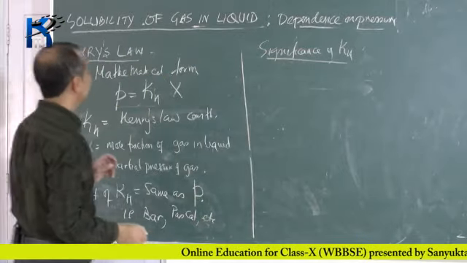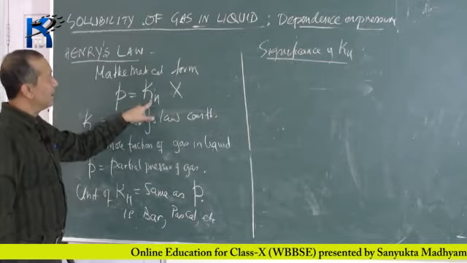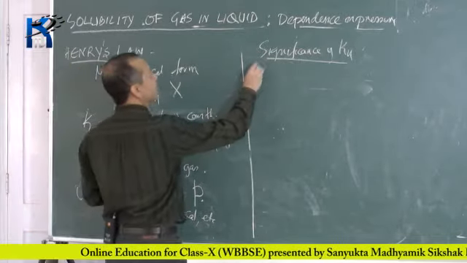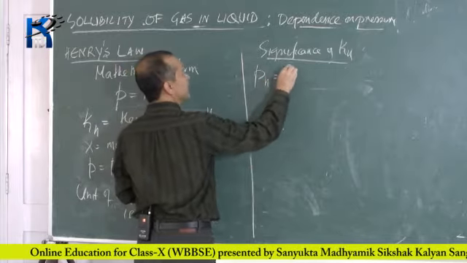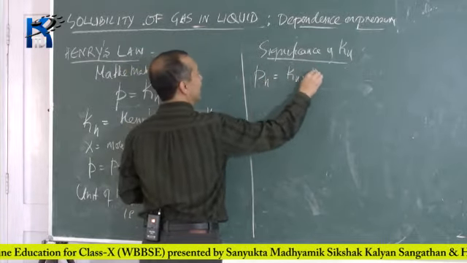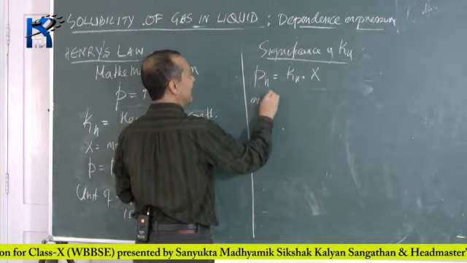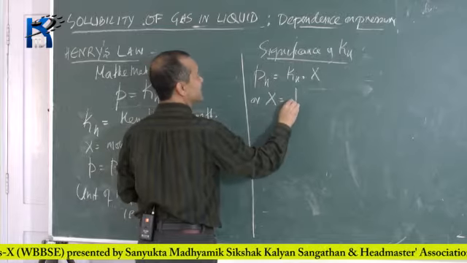All right, so you can see from here, we read it like this: P_H is equal to K_H into X. X and K_H have an inverse relation, isn't it?